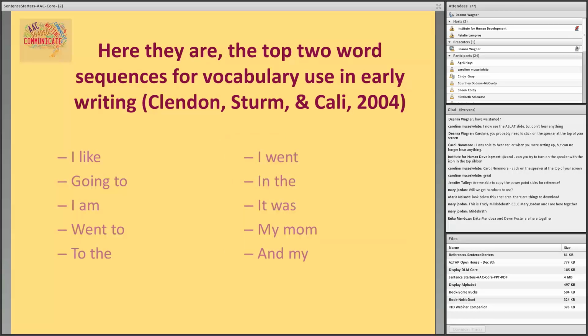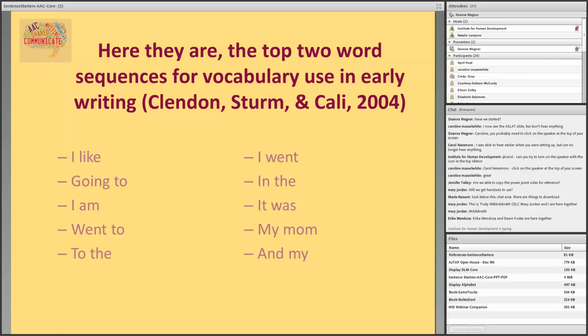So what kinds of words? What should we use? What's the highest priority? This is a research study about 2 word sequences that are used by typical kids in early writing by Klendensturm and Kelly, and this is not new research.